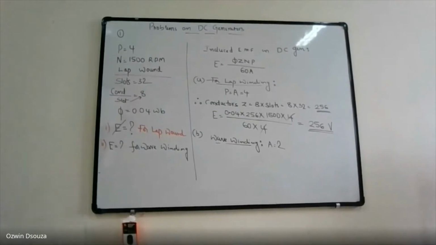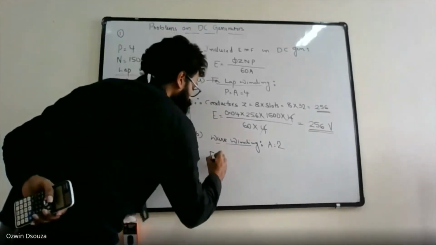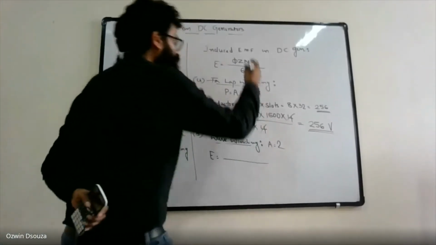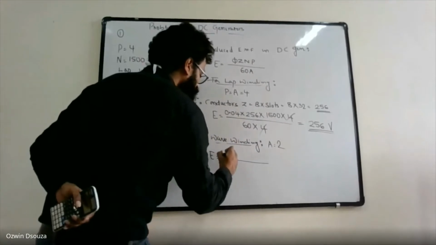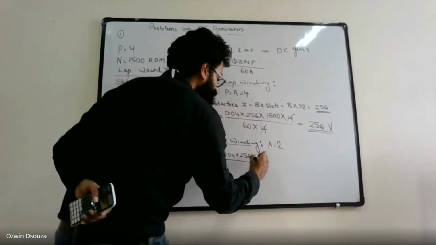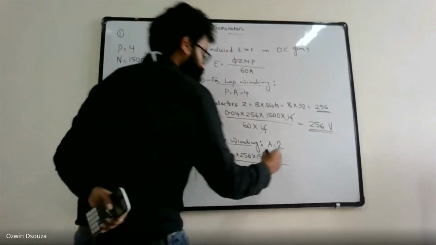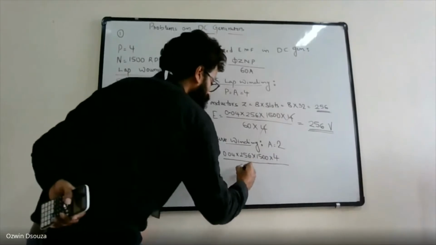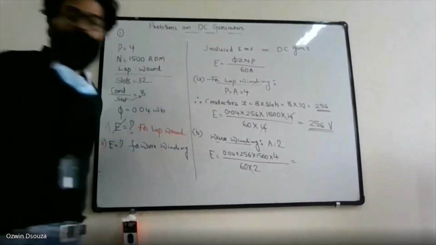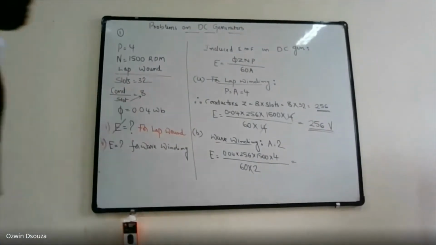Only two armature paths are used in wave winding. So the formula remains the same. Phi is 0.04, Z 256, speed 1500, and poles 4 divided by 60 into A, with A equal to 2, due to which the EMF becomes 512 volts.